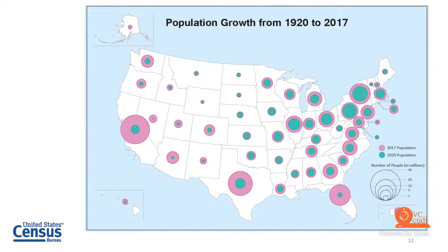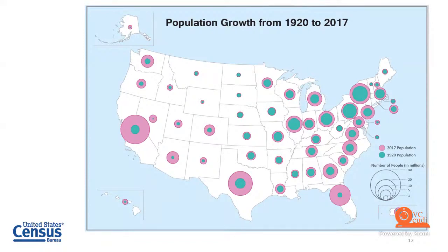So for example, if you look at California, which is on the left of the map, the fairly large circle there on the far left, California's 1920 population of around 3.5 million is represented by a small green circle, which, if you look to the legend for comparison, in terms of size is right in between the 1 and 5. It represents 3.5 million people.